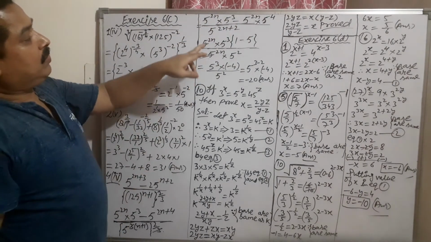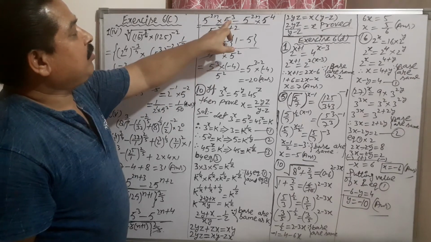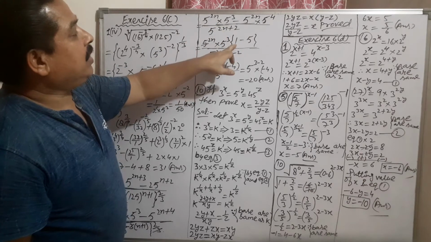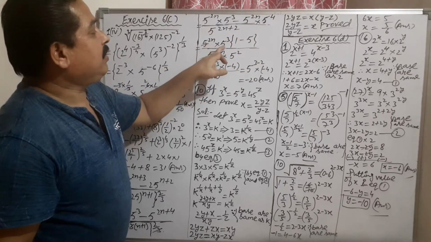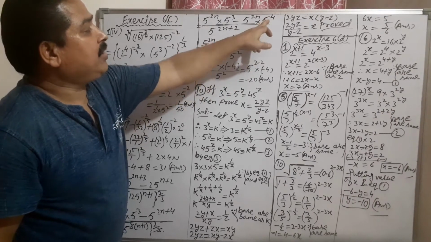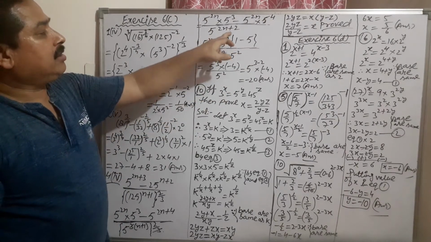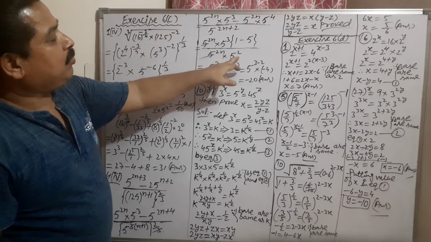And now take the common. Common here is 5 to the power 2 and 5 to the power 3. Take common. What will be left over here? 1. And here there will be only one 5, because this part will come out. 5 to the power 3 will come out. Only one 5 will be left inside. And this we write, splitting again into two terms, 5 to the power 2n into 5 to the power 2.